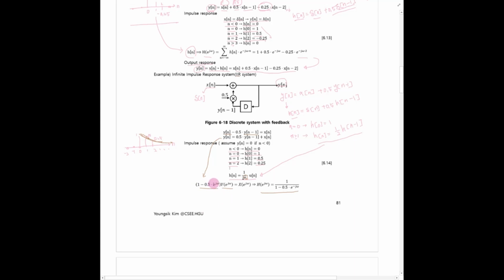Okay, here is a typo, minus 1, so one time shifting in the negative direction. So we can find the transfer function by use of these, or we know that the exponential function has these shapes of the DTFT output.